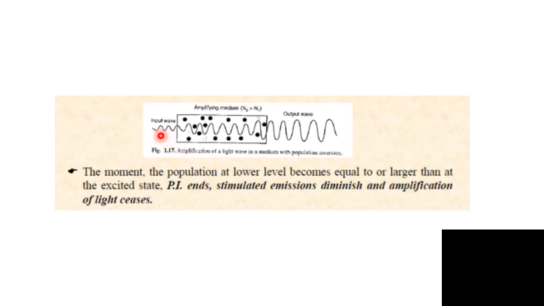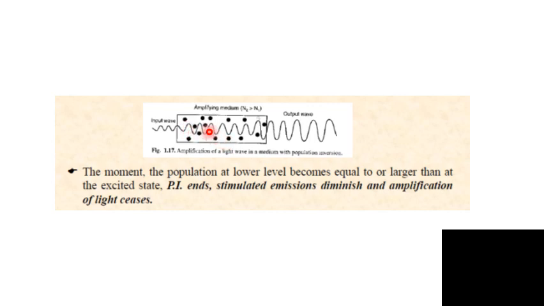So here again, if we have too much population inversion, and the population at the lower state is low, then if a spontaneous photon enters this medium, it will cause stimulated emission. Then this stimulated photon will further cause stimulated emission of further electrons.